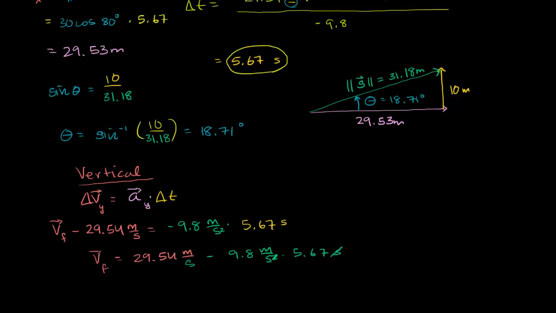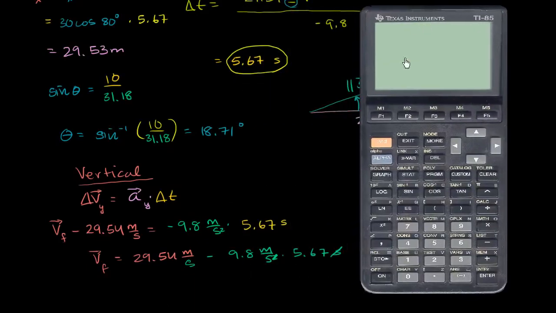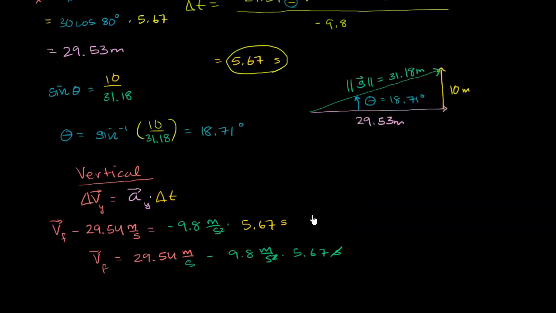And so get the calculator out again. We have 29.54 minus 9.8 times 5.67. So we get our final velocity is negative 26.03 meters per second.